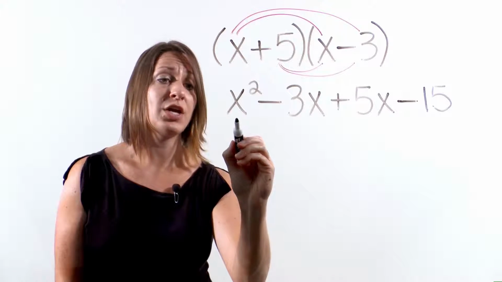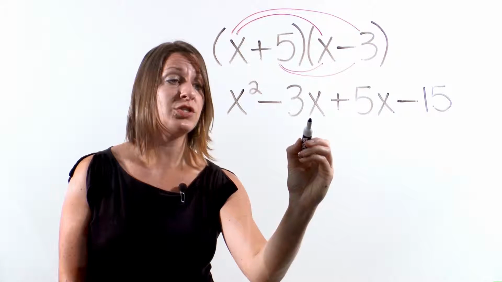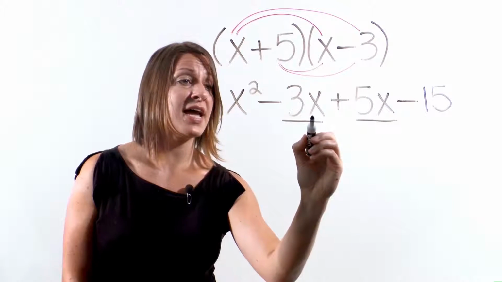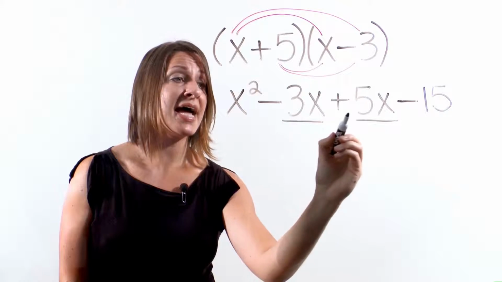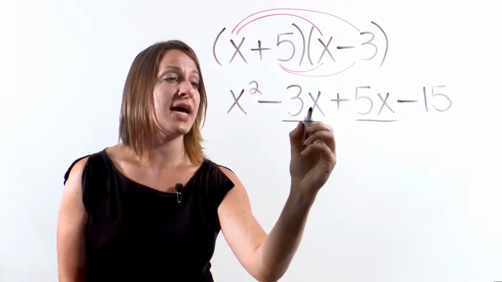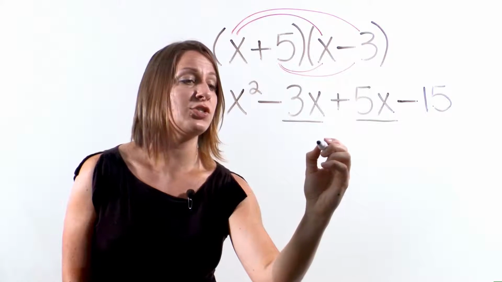If we look closely, we only have one x squared, but we have 2 terms that have an x with no exponent. So we're going to add those 2 coefficients together. -3x plus 5x is 2x.